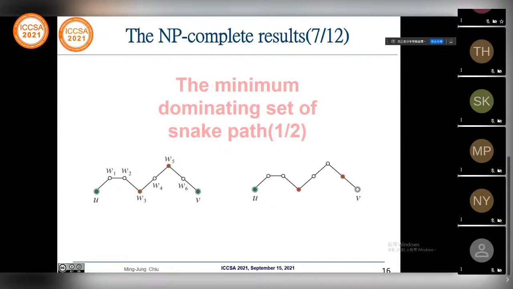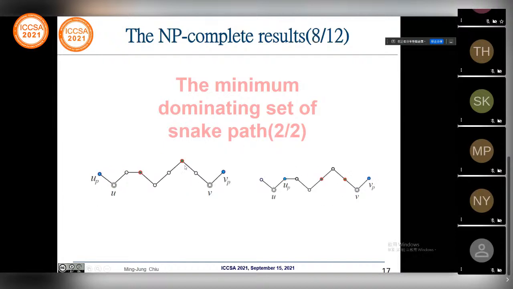The second situation, only U or V is a dominating vertex. They will have 2 dominating vertices in the snake path. The third situation, both U and V are dominated, but the dominating vertices are not in the snake path.